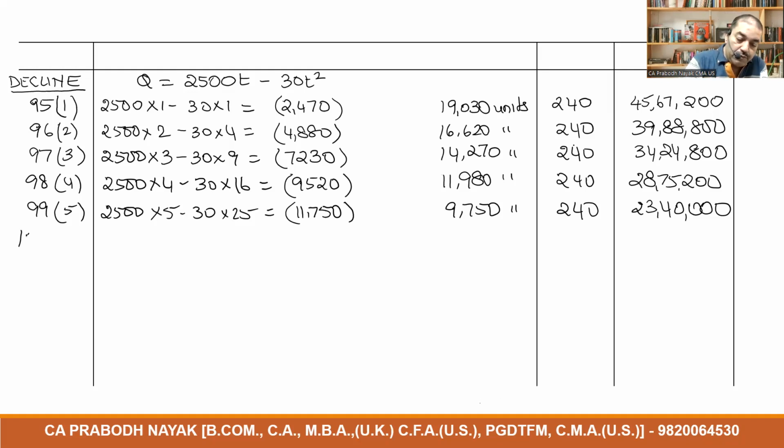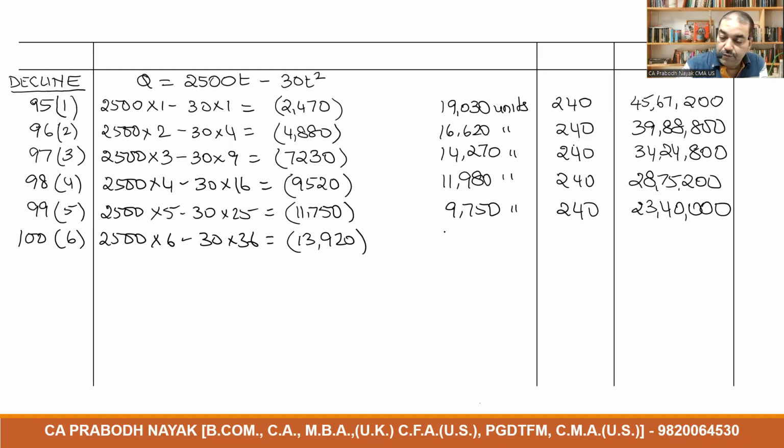Month number 100. 6th month for the competitor, 2,500 into 6 minus 30 into 36. 13,920. 21,500 minus 13,920 is 7,580, into 240. 18 lakh 19,200.